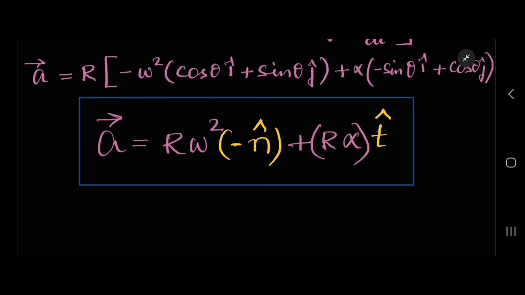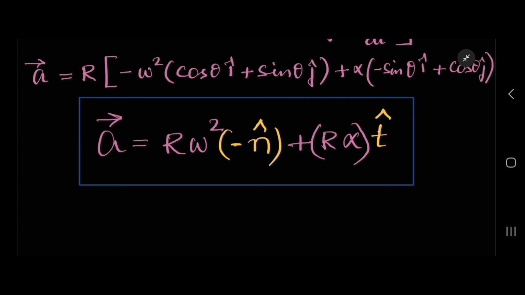The component directed towards the center is called the centripetal component of acceleration or centripetal acceleration. And the component of acceleration along the tangent is tangential acceleration. The words centripetal and tangential only imply the direction of the components of the acceleration, nothing else.